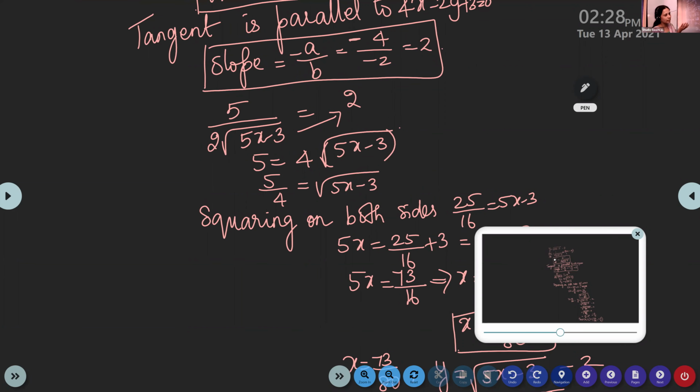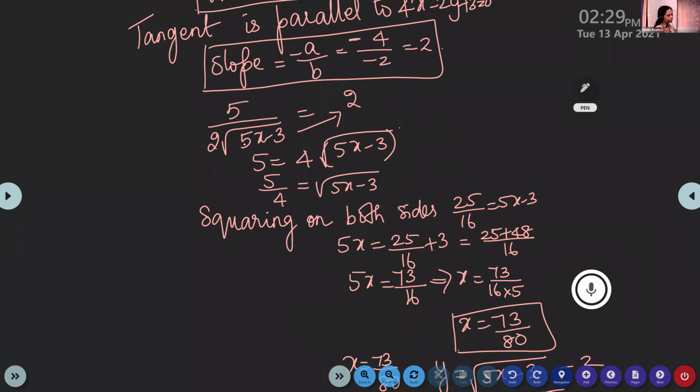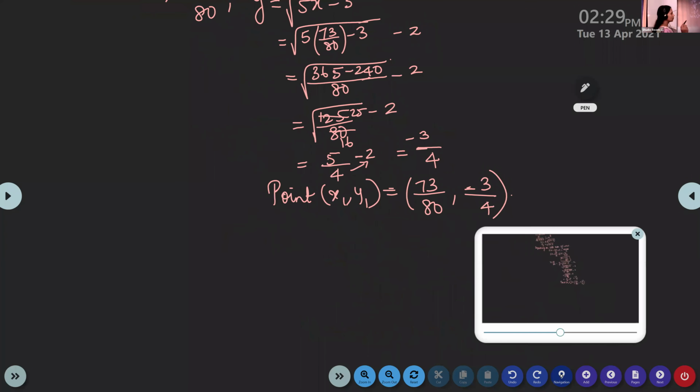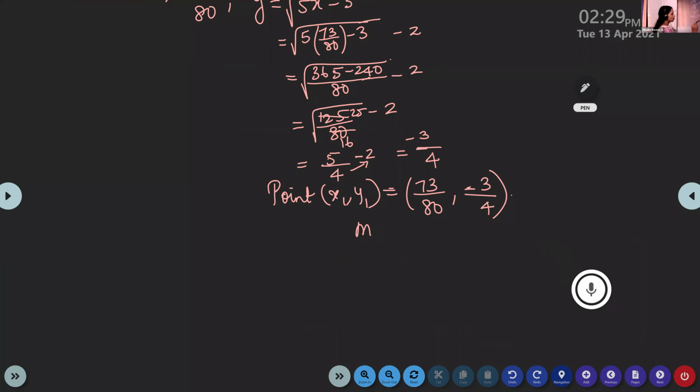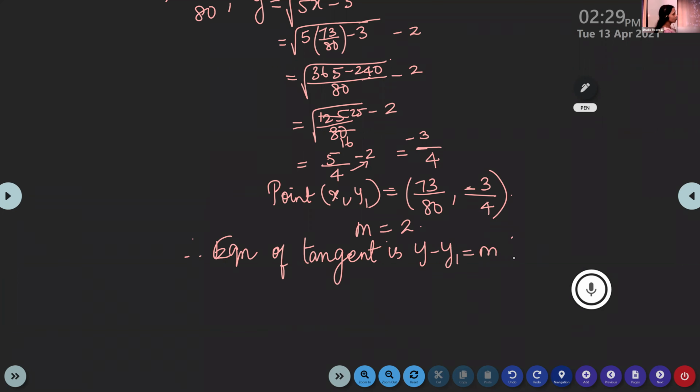These two lines are parallel. Slopes will be the same, isn't it? The slope of this curve will be the same as 2. So m is 2. Therefore, the equation of the tangent is y minus y1 is equal to m into x minus x1.